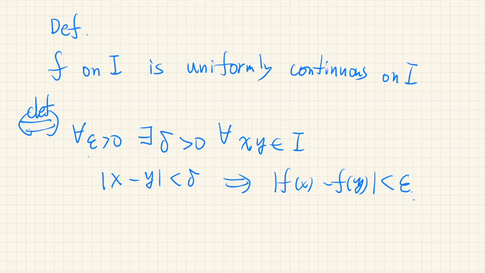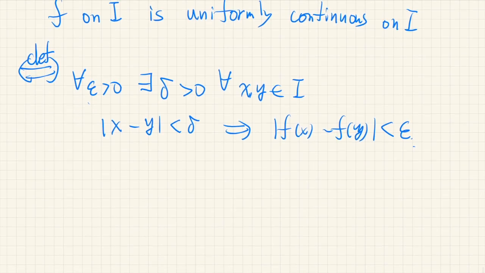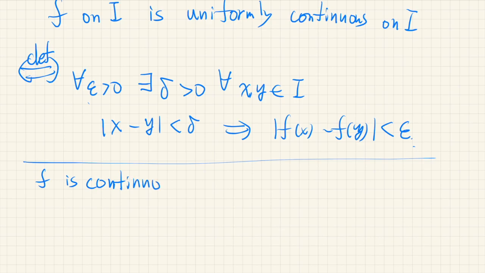This definition may look familiar, but it's a little bit different from the definition of ordinary continuity. Okay, for reference, let us restate what a continuous function means. So f is continuous, not uniformly continuous, continuous on this interval I, if the following holds.